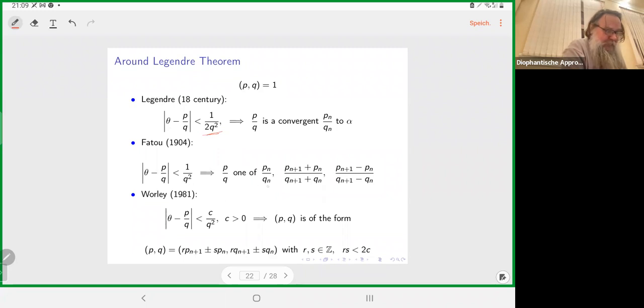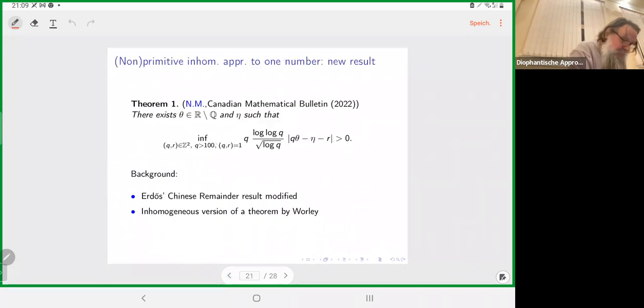They should be either convergents or intermediate fractions, and in general, if we have approximations of order constant over Q², then they are some combinations of convergents. It is a result by Worley, and to prove this, you need an inhomogeneous version of Worley's theorem.